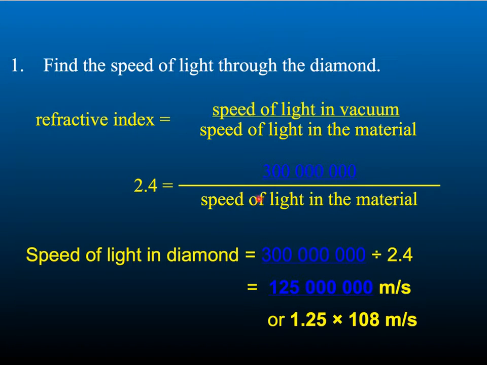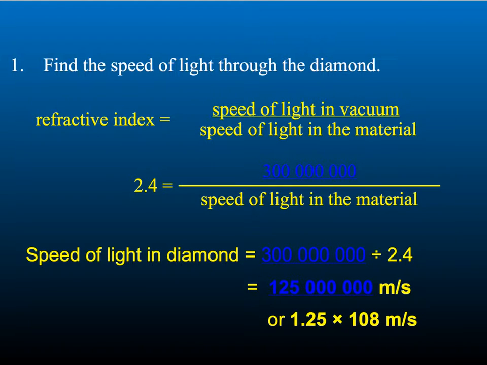This is the value that we need to calculate. On rearranging that equation, it gives us 300 million divided by 2.4, which gives us 125 million metres per second, or 1.25 times 10 to the power of 8 metres per second.